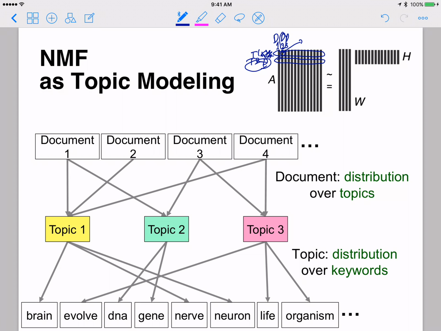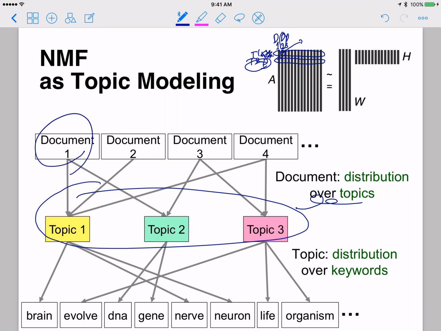And then we can think about this kind of bipartite graph. Suppose document 1 contained brain, DNA, nerve, organism, and so on.